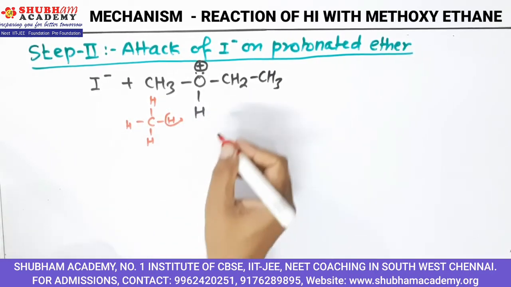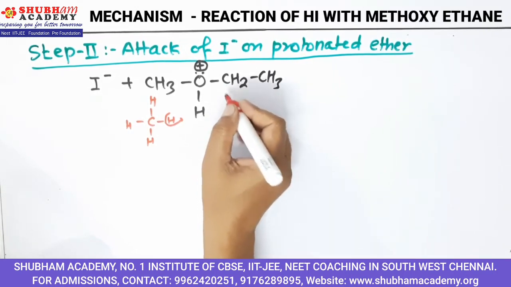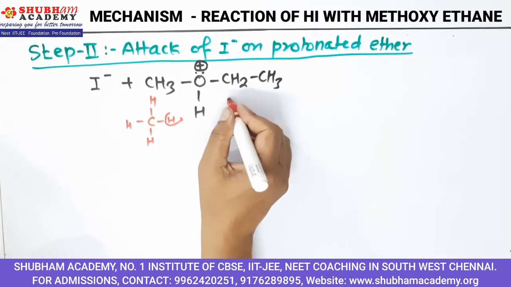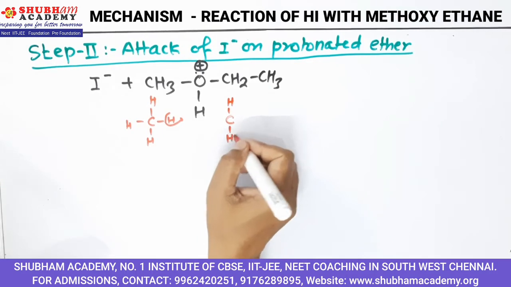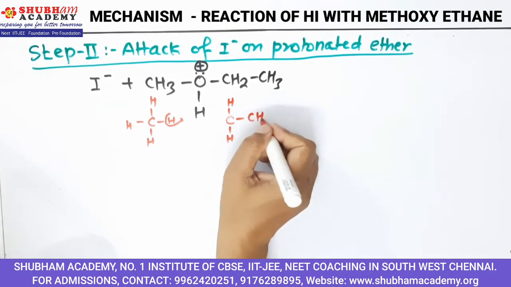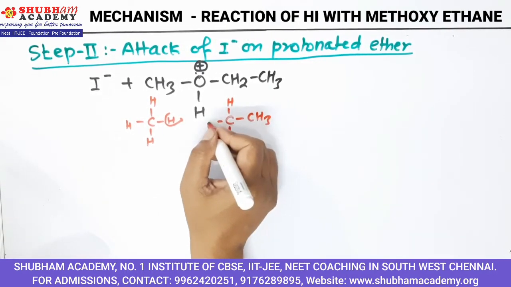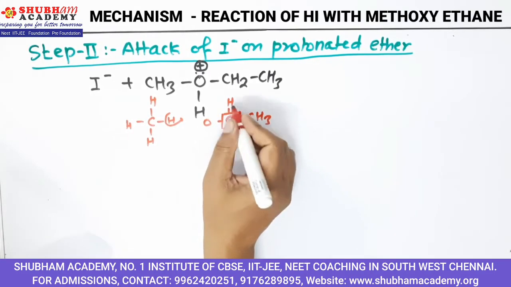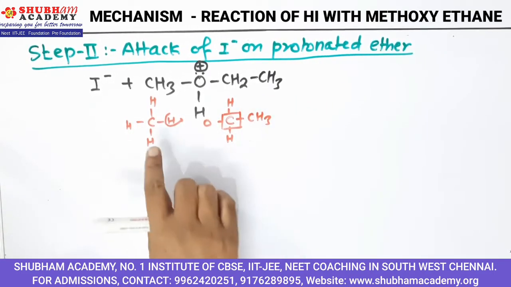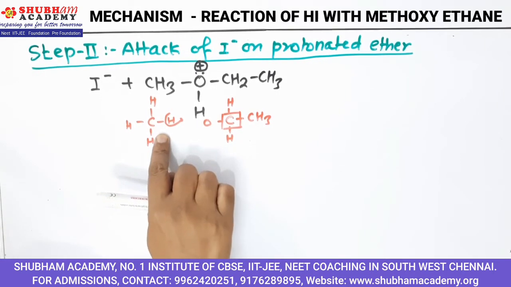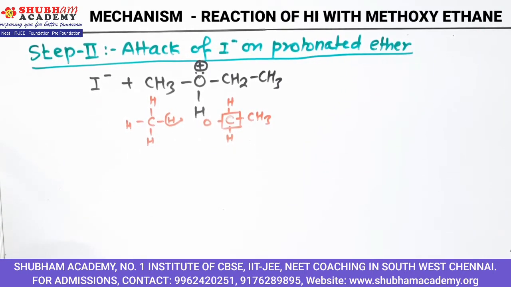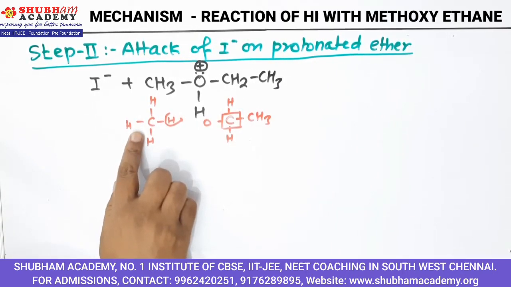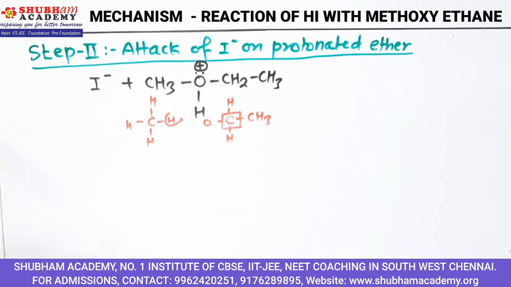So one substitution, whereas if you see this side, this carbon is attached from two sides by hydrogen, one side by CH3 and one side by oxygen. So this carbon is substituted from two sides, right? So this carbon is least substituted, right? So I- attacks this carbon and the substitution occurs through SN2, right?